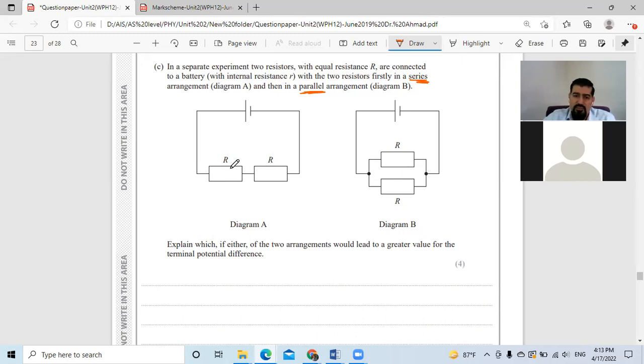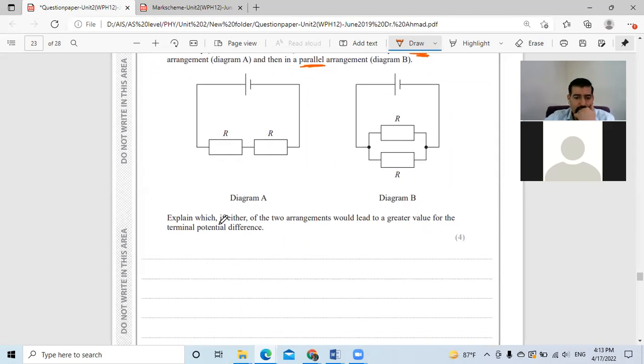In parallel, we have the same voltage. Each one has the same current, identical, but not the same current that passed through the whole circuit. That means the current through each is half the current passed through the whole circuit, because in series we have two resistors.